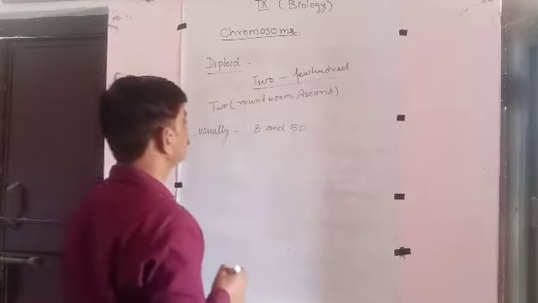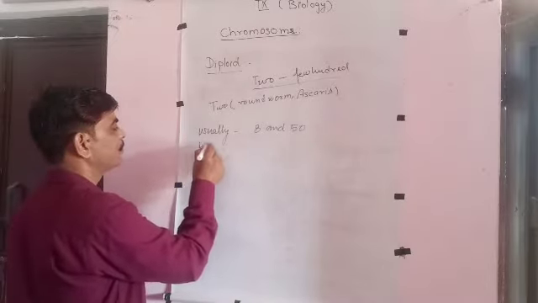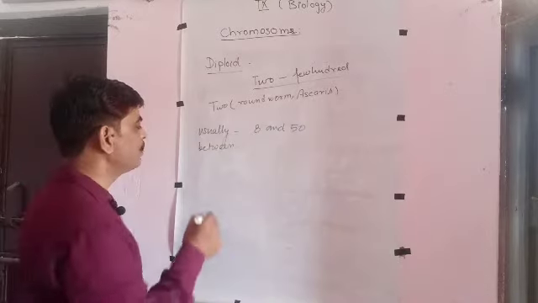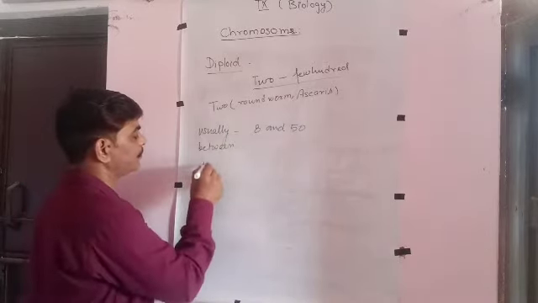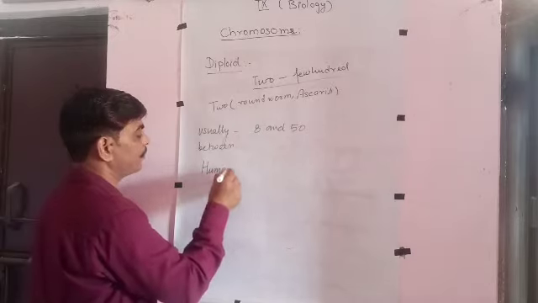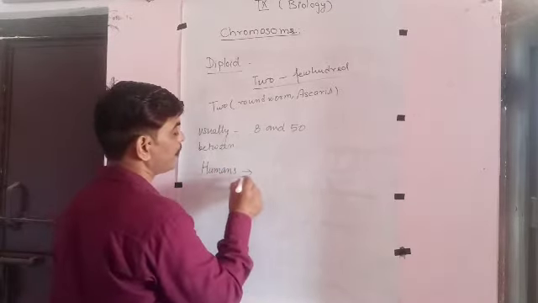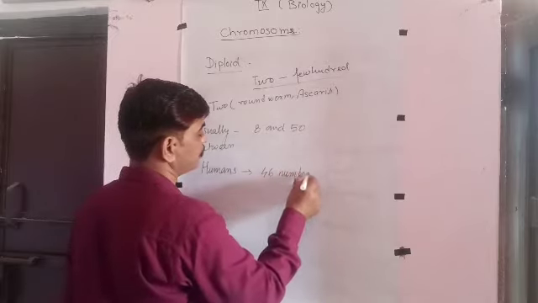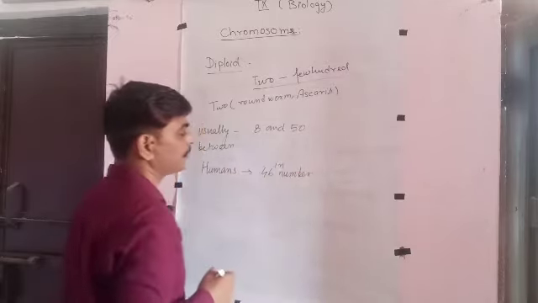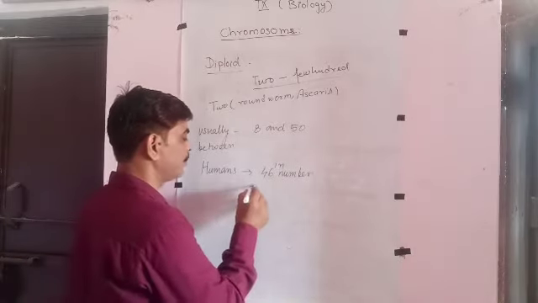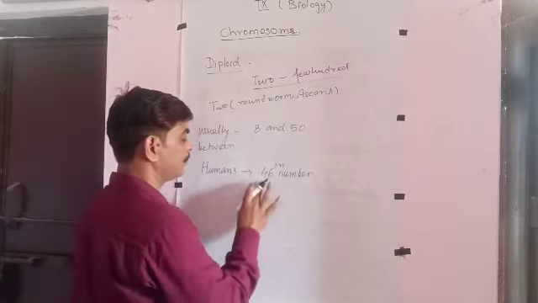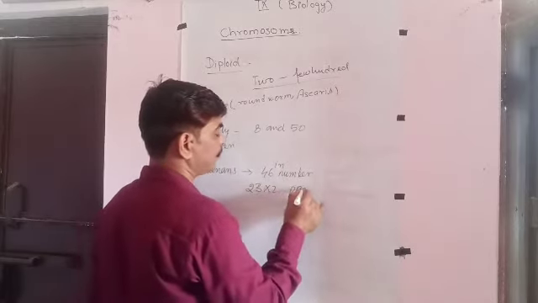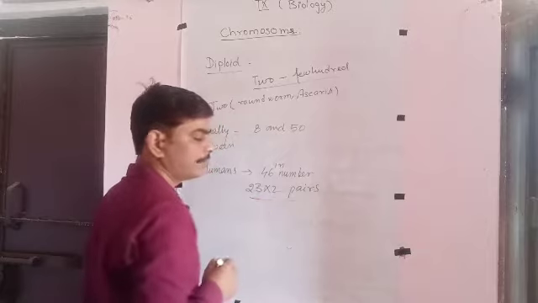Usually they are between these numbers in different species. Humans have 46 chromosomes, you can say 23 pairs.